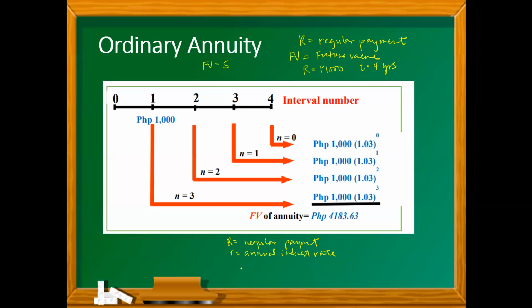Let M be the number of times the amount of each payment or the interest is compounded per year. So we consider this as the compounding period. For example, if it compounds monthly, then M equals 12. If it's semi-annually, then M equals 2 because there are two 6 months in a year. Okay? And we denote T as the time in years.